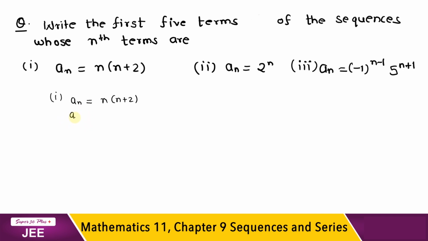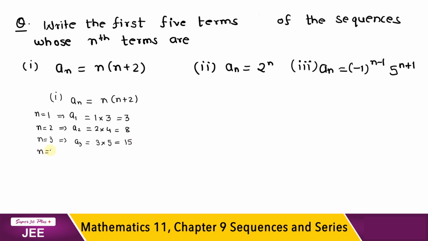So for a1, n has to be equal to 1. If I substitute n equals to 1 over here, I am going to substitute n equals to 1 over here as well. So this becomes 1 into 3, which is 3. For second term, n is going to be 2. So this becomes 2 multiplied by 4 and this is equal to 8. For third term, n is 3. So we get a3 as 3 multiplied by 5, which is 15.